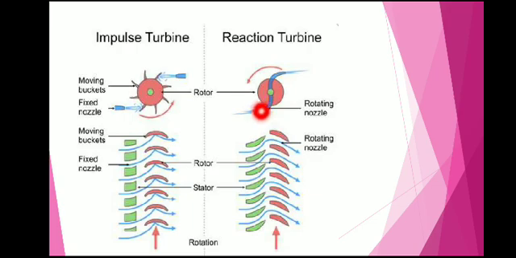That means the flow enters at the center of the shaft and is spread into the nozzle. That means the force makes a reaction, therefore it will rotate. This is the difference between impulse turbine and reaction turbine. Here the force is towards the center, here the force is towards the outside.